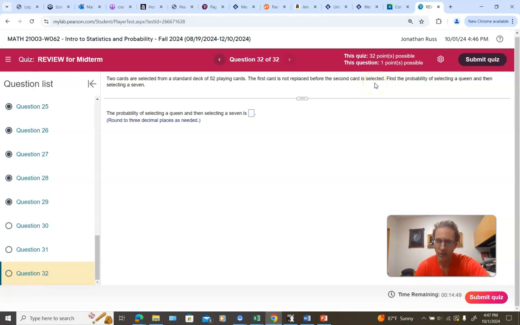Whatever you draw on that first draw will affect the probability of the card that you get on the second draw, because the first card is not replaced. So this is conditional. The probability of the second event occurring is conditional upon the outcome of the first event. So it says find the probability of selecting a queen and then selecting a 7.